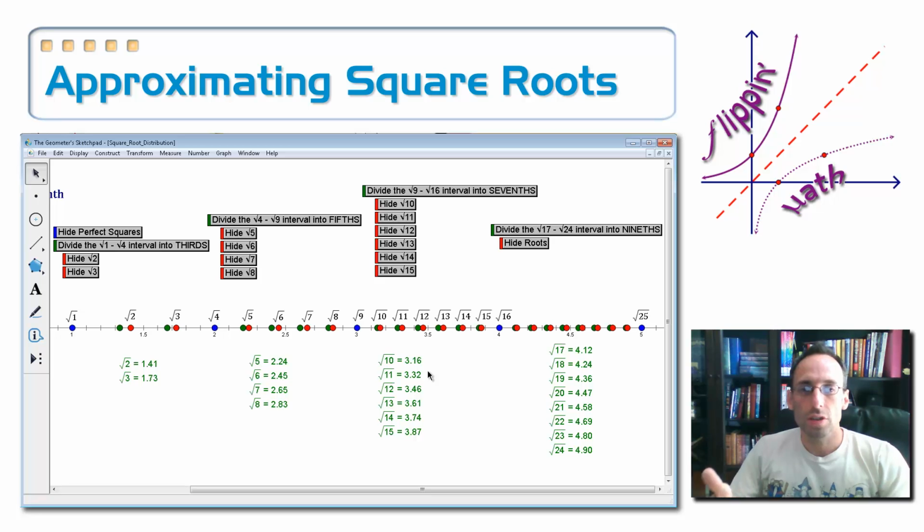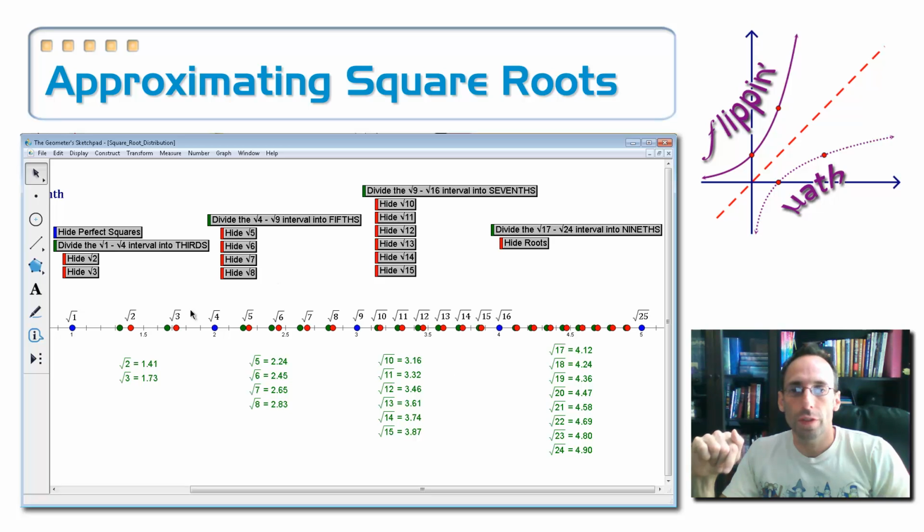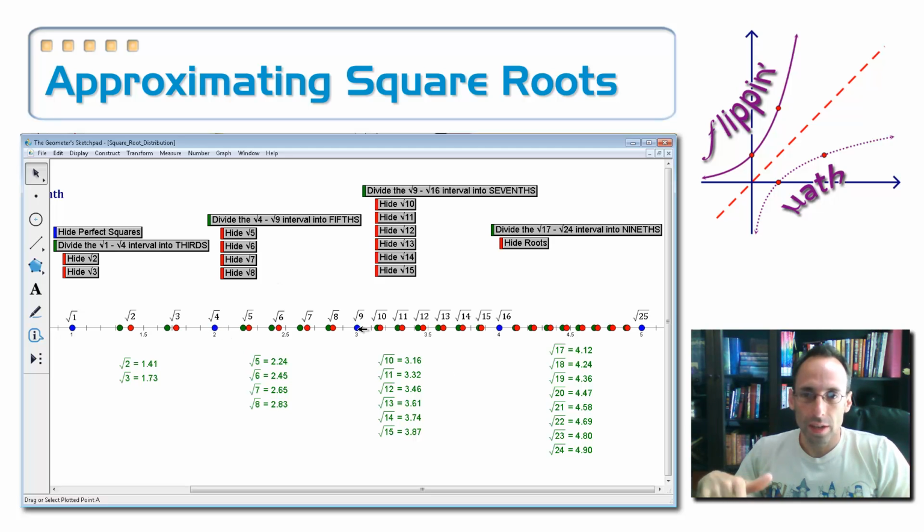So our conjecture, can you see this? If I'm going to approximate, all I have to do is divide the interval up into however many square roots between 2 perfect squares I'm missing, and then count that up as a fraction. For example, between the square root of 4 and the square root of 9, 9 minus 4 is 5.